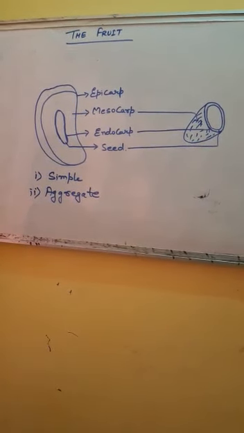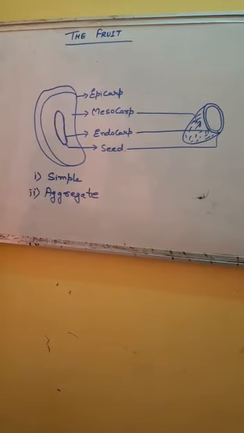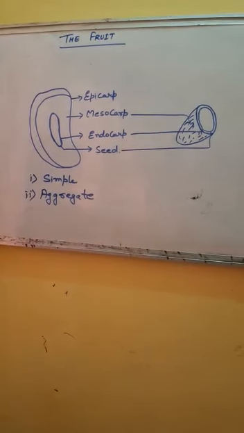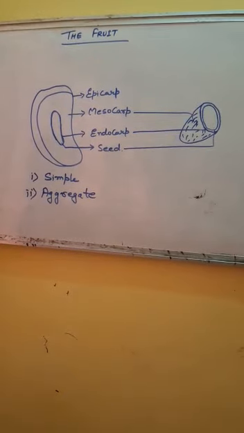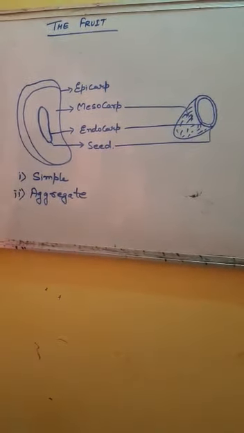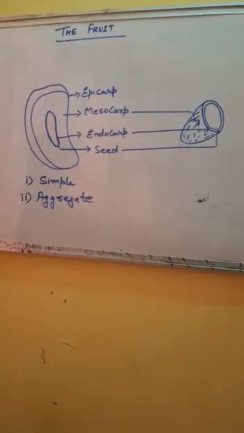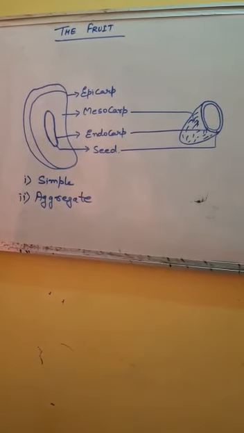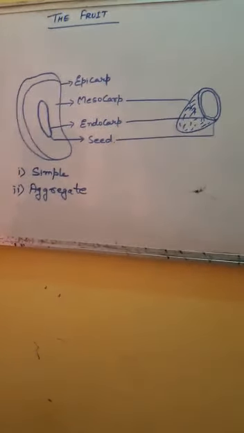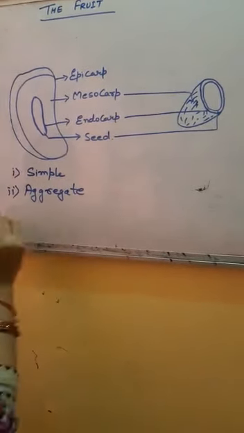They are not fused together. So such flowers form the aggregate fruit. The example is strawberry. Strawberry is formed from apocarpous polycarpellary condition.